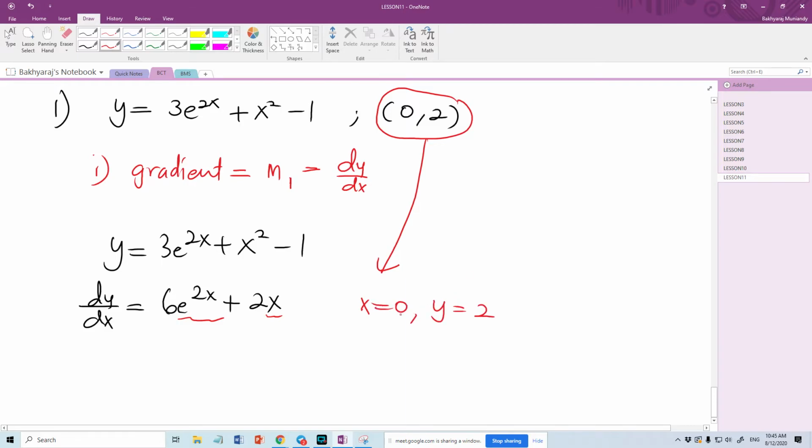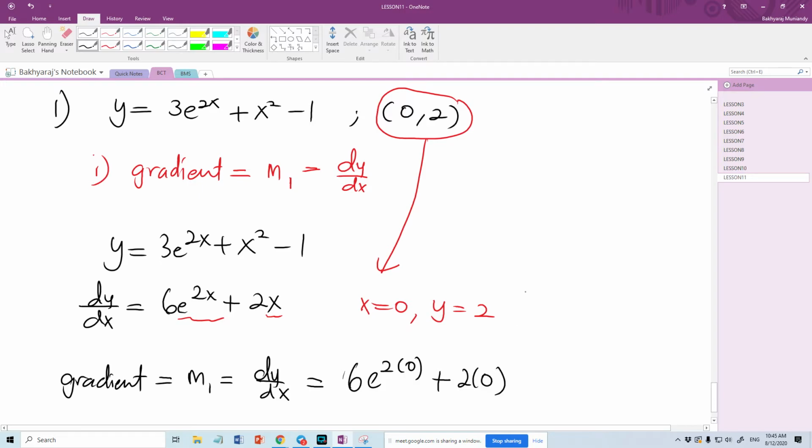So I need to get the x value. So gradient will be equal, okay, ataupun saya boleh letak m equal, ataupun saya boleh letak dy dx equal. Semua ni boleh. Okay, dy dx equal, so 6 exponent 2 times 0 plus 2 times 0 dah. Okay, what is our answer? Equals to?